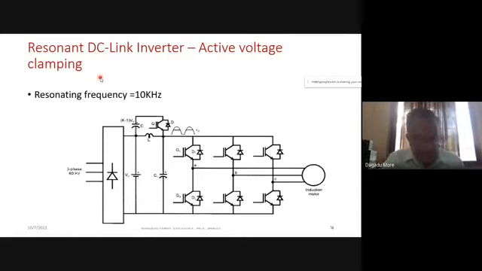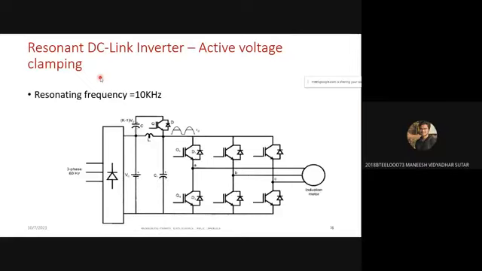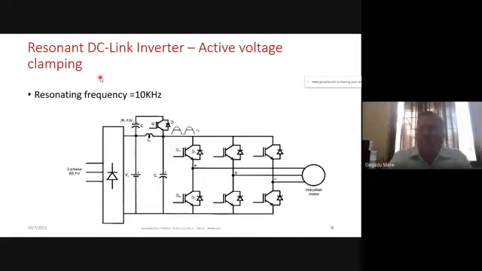Active voltage clamping is required so that our DC link voltage should not exceed 1.5 times VD. Why should it not exceed?